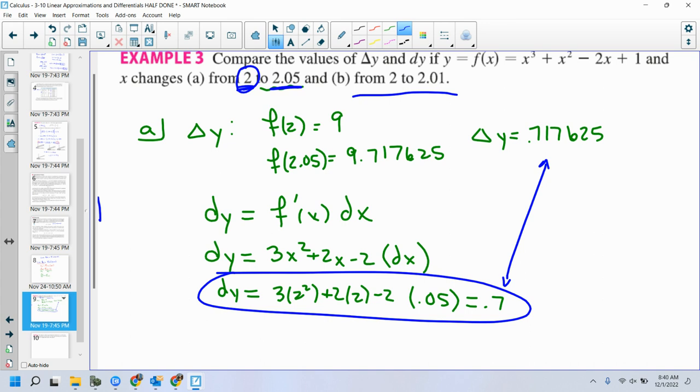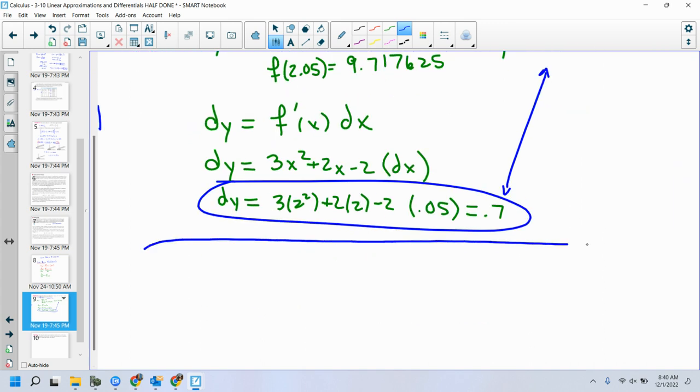What do you think is going to happen between true delta y and the differential dy when instead of going from 2 to 2.05, I just go from 2 to 2.01? What do you think is going to happen between those two numbers? Do you have any guesses? Getting closer? Let's see. Okay, let's do example B now.